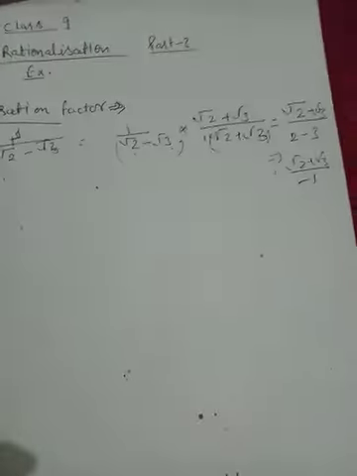So if you recall, rationalization: if I have a rational number and an irrational number, if we have a square root in the denominator, if this is root 2, then we have to multiply by root 2, the reciprocal of this number. If this is a monomial, that is, the expression contains one term in the denominator, we multiply by the reciprocal of this root 2.